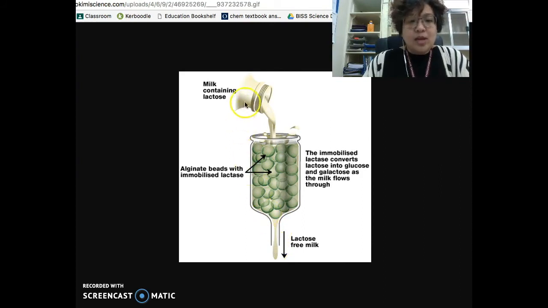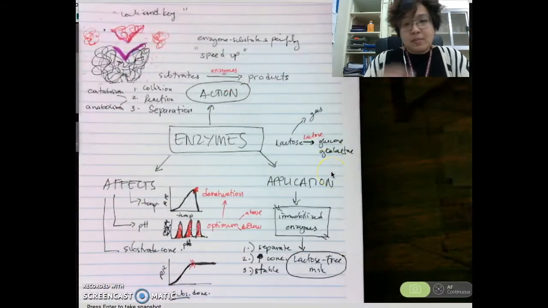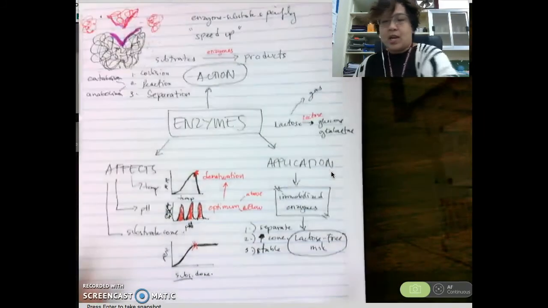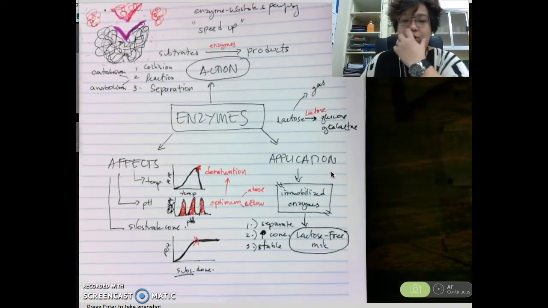So assuming as lactose passes through your enzymes, it's being converted into glucose and galactose. Therefore, this is now lactose-free milk. People with lactose intolerance can be able to consume milk products that are lactose-free. Okay, so you have lactose-free milk.